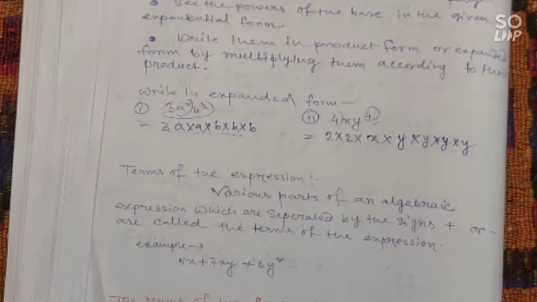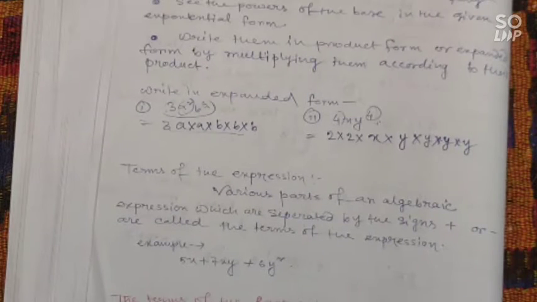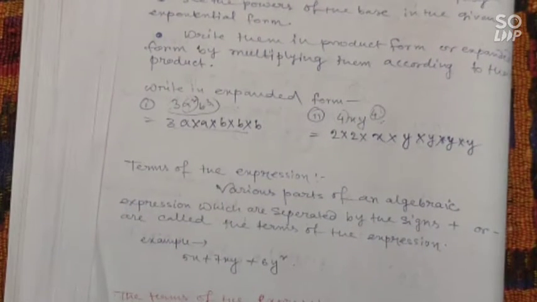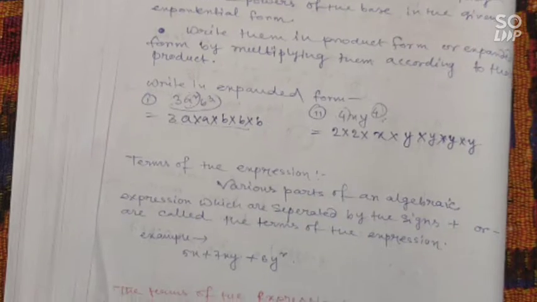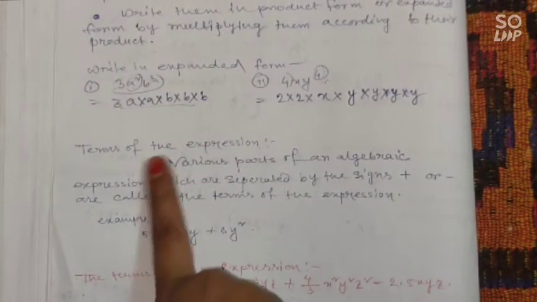But which has a fixed numerical value, that is called constant. So a combination of constants and variables with mathematical operations, that is addition, subtraction, multiplication, division, that is called the algebraic expression.